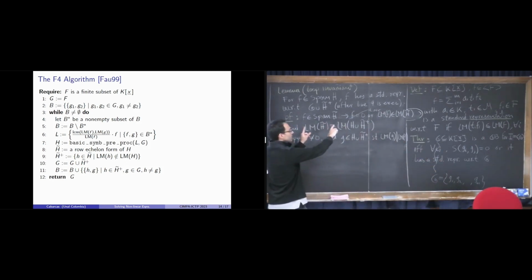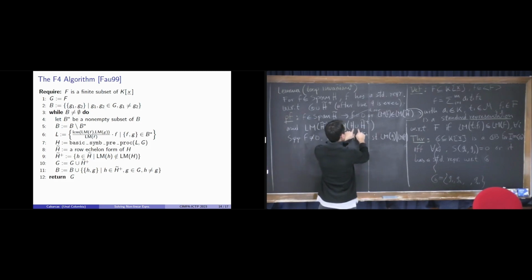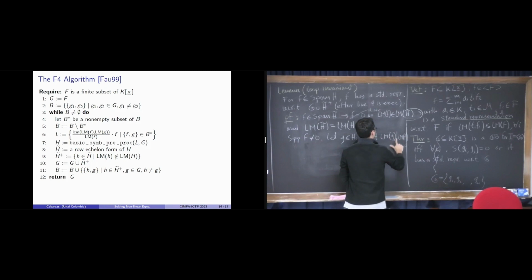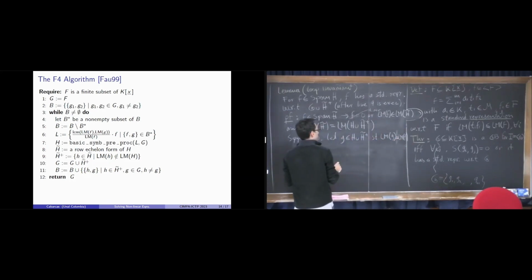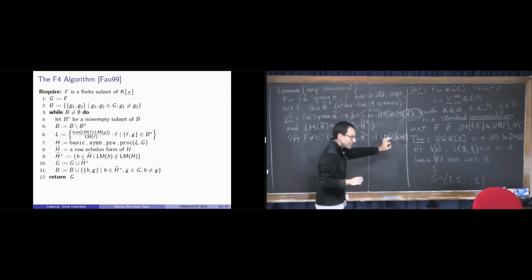Notice that I don't have an ideal anymore. What I have is that the leading monomials of H tilde are exactly the leading monomials in H union H tilde plus. So we get equality. We get an element in H or H tilde plus whose leading monomial is exactly the leading monomial of f.